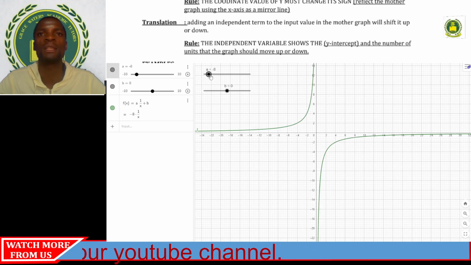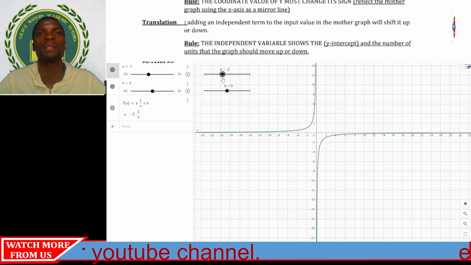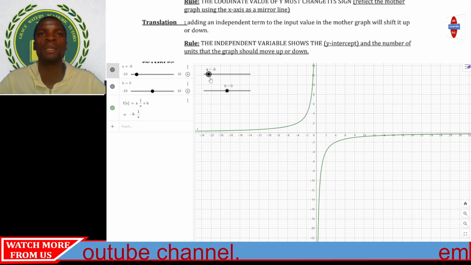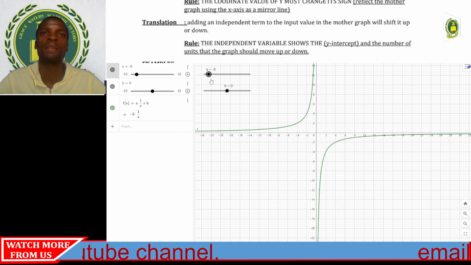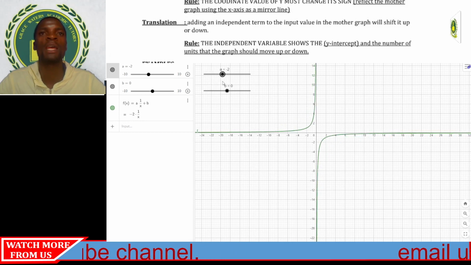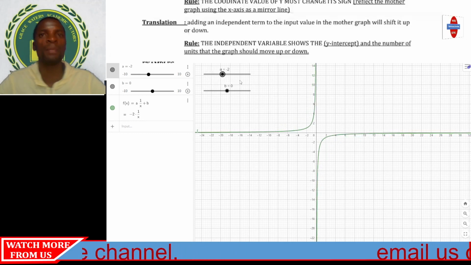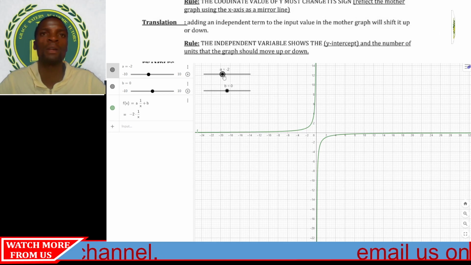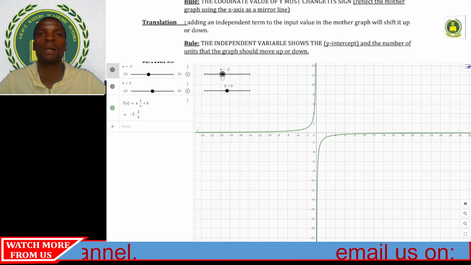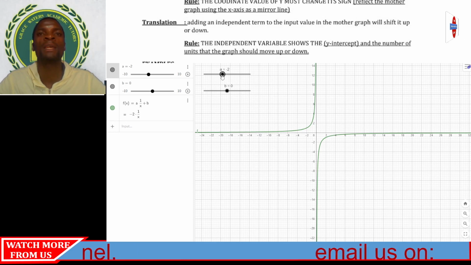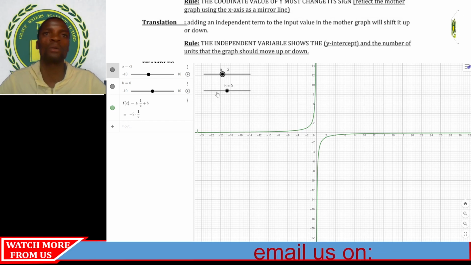That's the secret I want you now to understand: the bigger the digit of a, the further the graph is from its asymptote, and the bigger the coefficient a, the skinnier or thinner the graph becomes. All right, these are the simple rules that we need to consider.